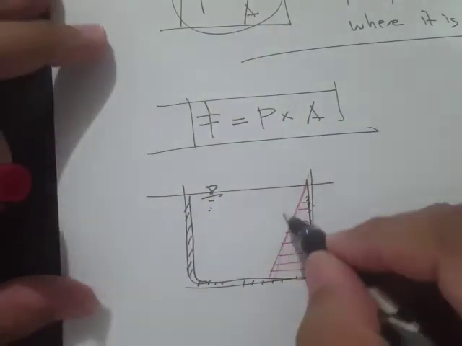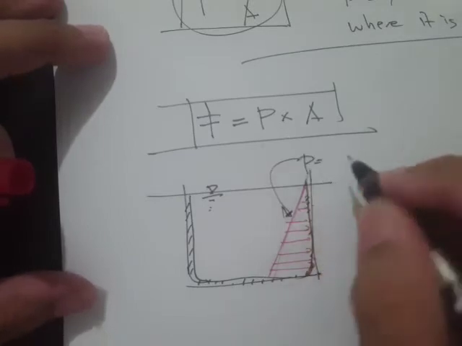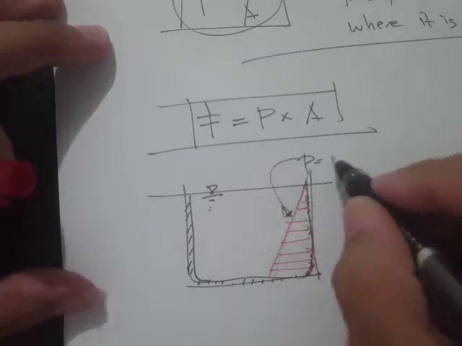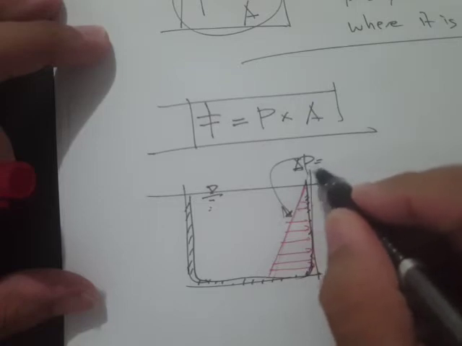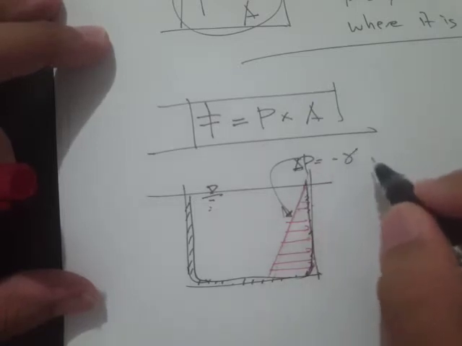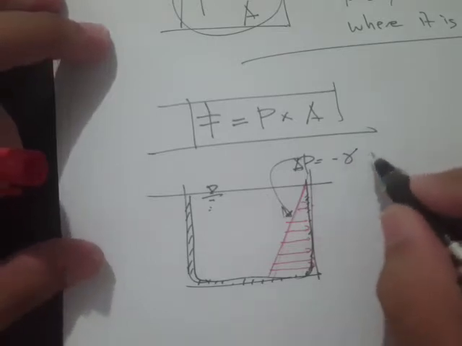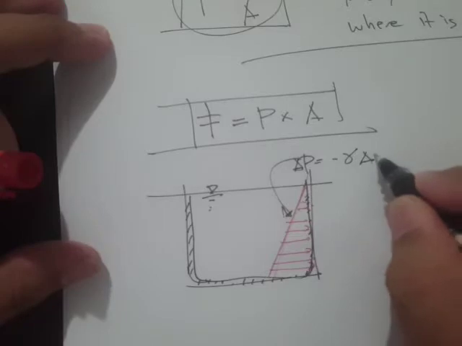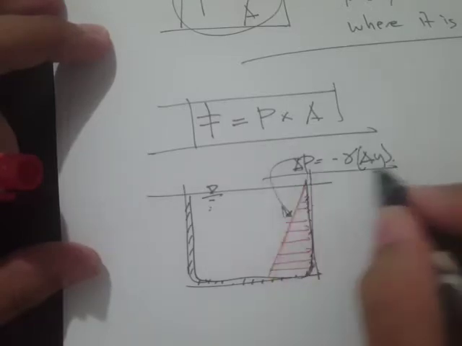So we have learned this already, that the change of pressure is just equal to the weight density of the fluid times the depth, right?